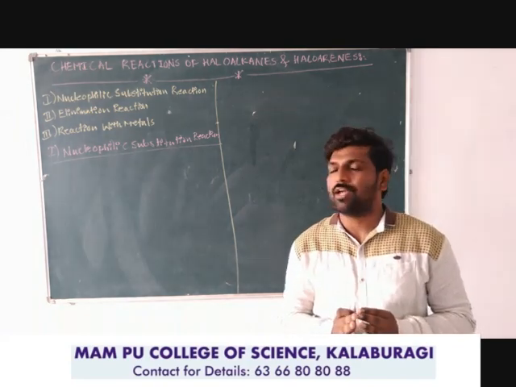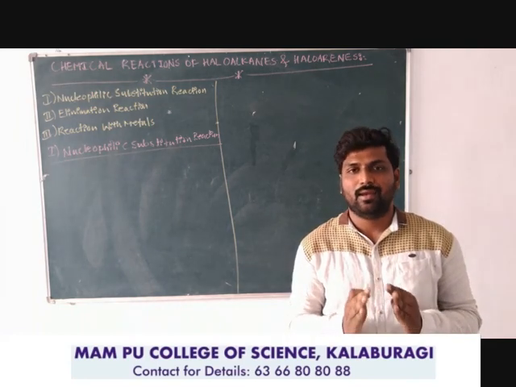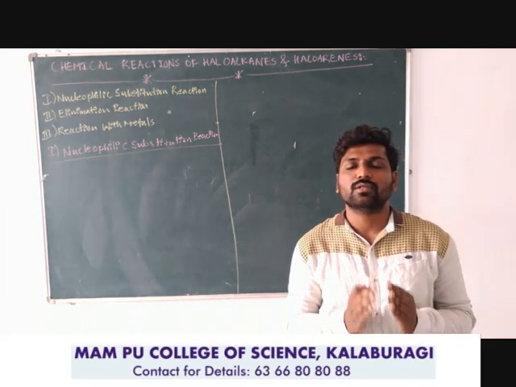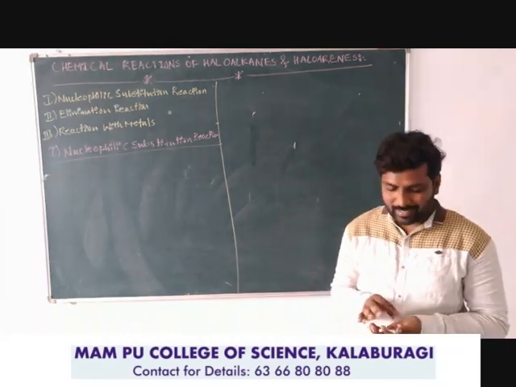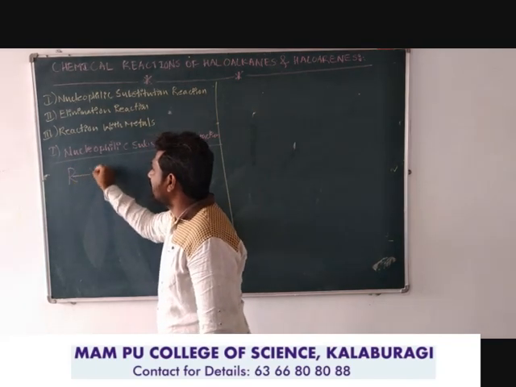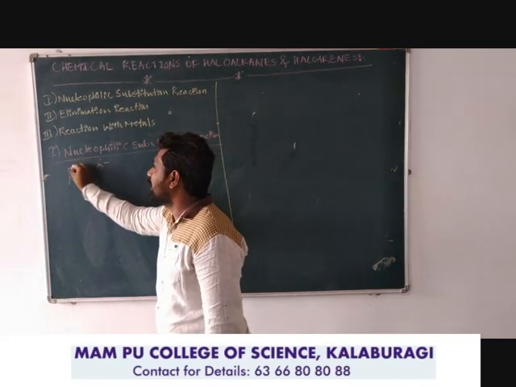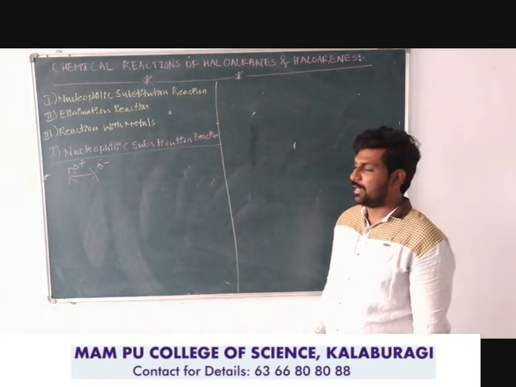So if a nucleophile-containing chemical reacts with the alkyl halide or haloalkane, it undergoes substitution of the halogen group. The alkyl halide has a partial negative charge on the halogen, and the alkyl group has a partial positive character.